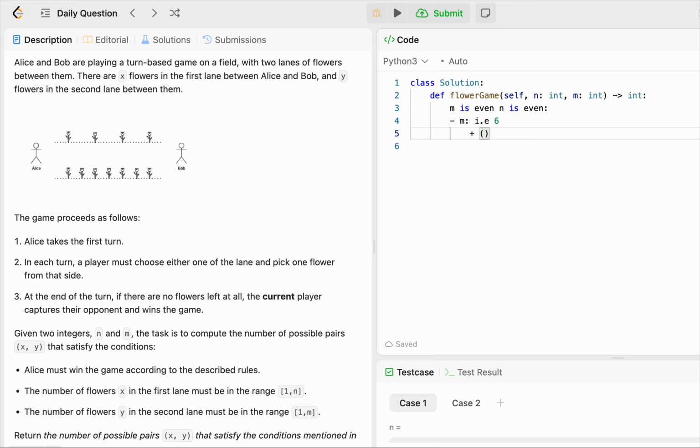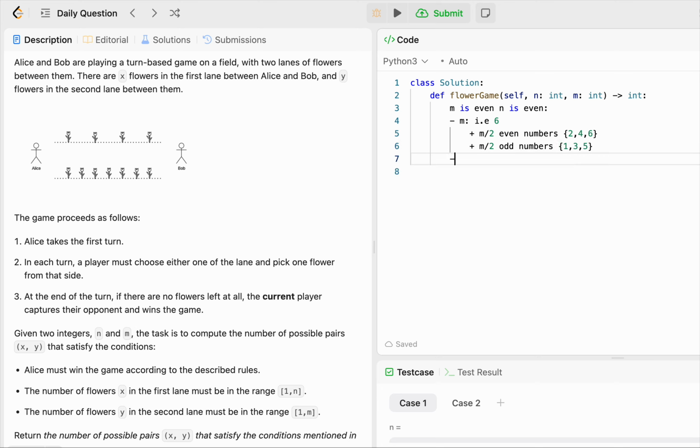The number of even numbers in here is m divided by 2, right? So they are 2, 4, and 6. And how about the odd numbers? It is also m by 2 odd numbers, that is 1, 3, and 5, right?